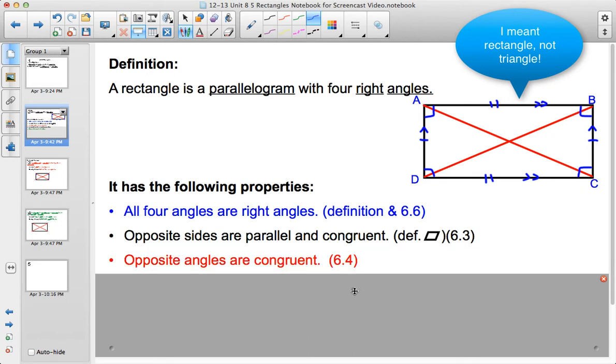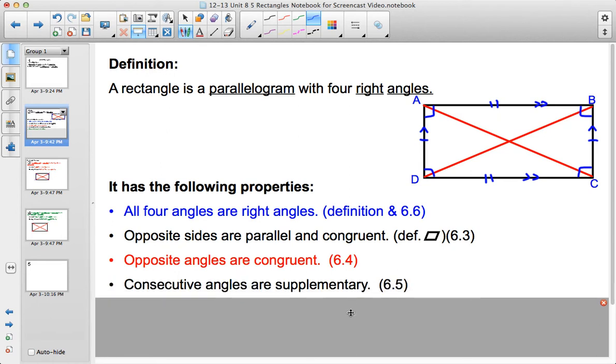Third, we have opposite angles are congruent from theorem 6.4. For all parallelograms, this is true, and since a rectangle is a parallelogram, it's true for it as well. Now, because we have all the angles already marked as right angles, that implies congruency.